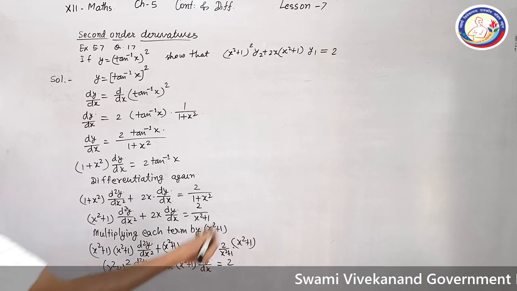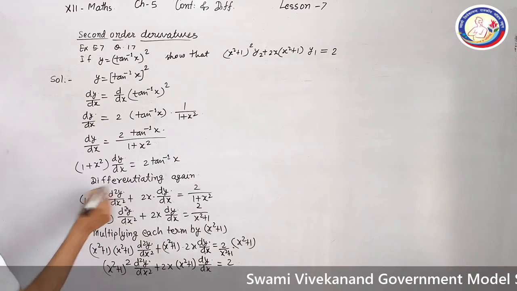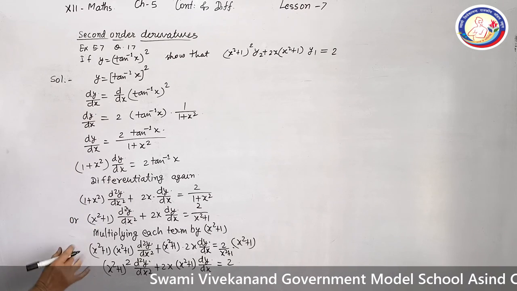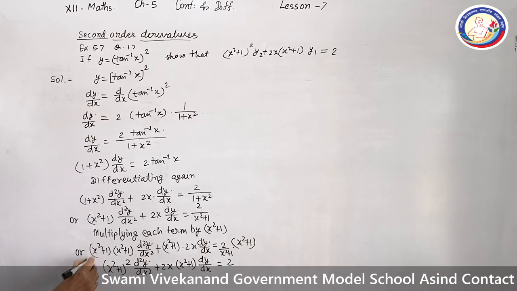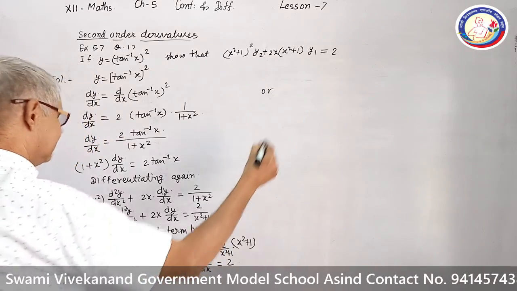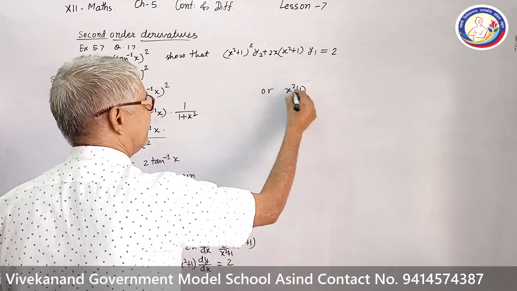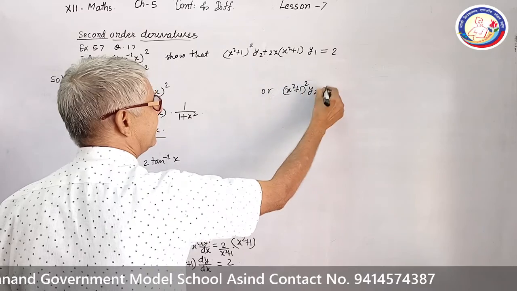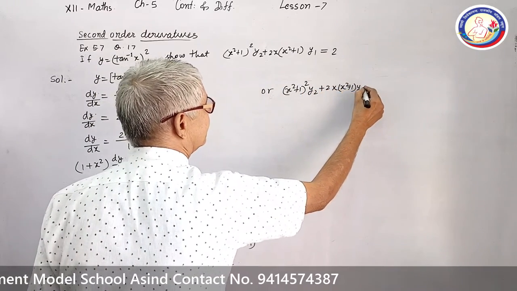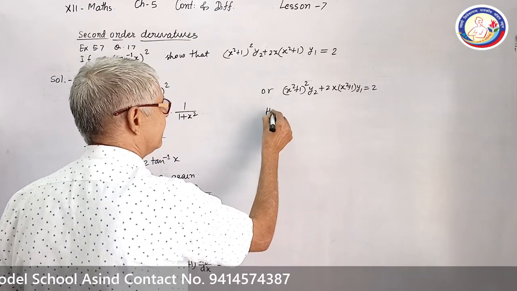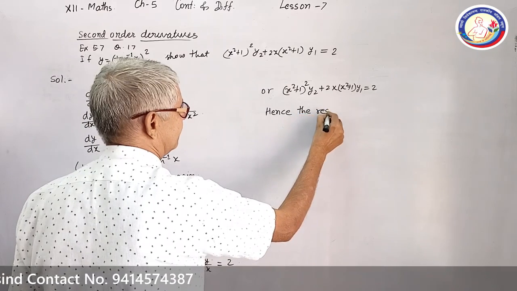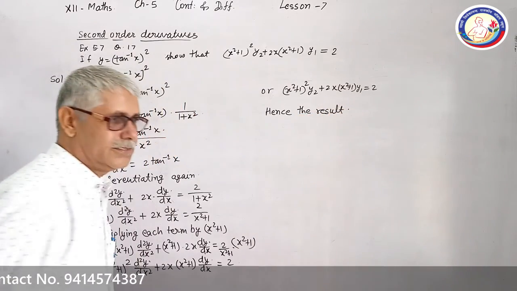So this will lead us to x square plus 1 whole square y2, this is the second derivative, plus 2x into x square plus 1 first derivative equal to 2. Hence the result. That's all. Thank you.